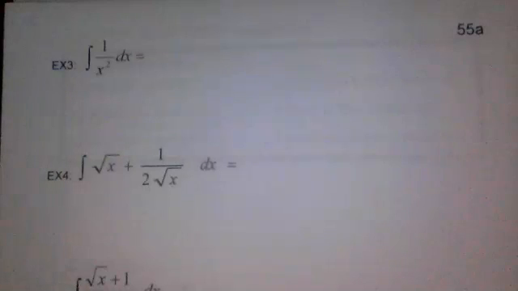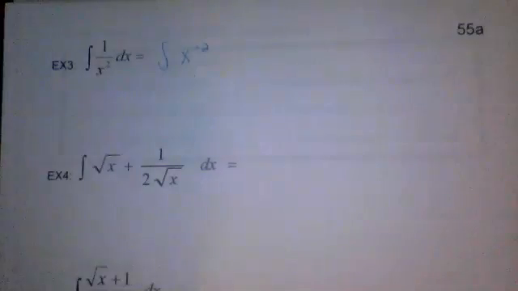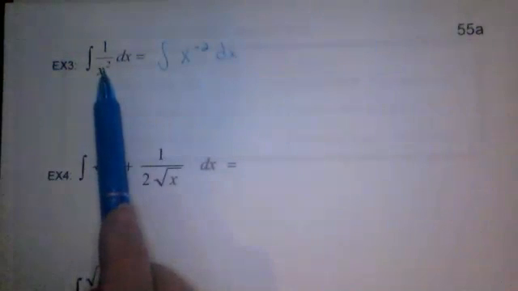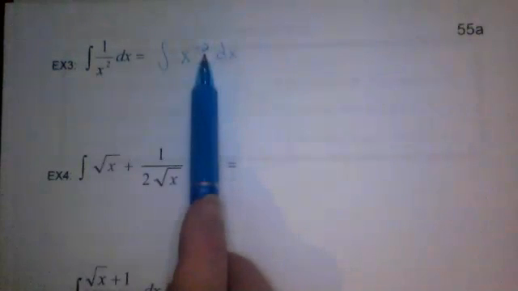Now, since our basic integration rules are similar to our power rule for derivatives, then what we need to do for most of these is rewrite them with our exponents. And then we can use our rules. So remember that whenever we have this in the denominator, to bring it back up to the top, we make it negative.